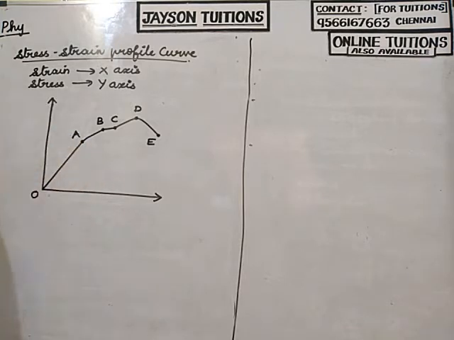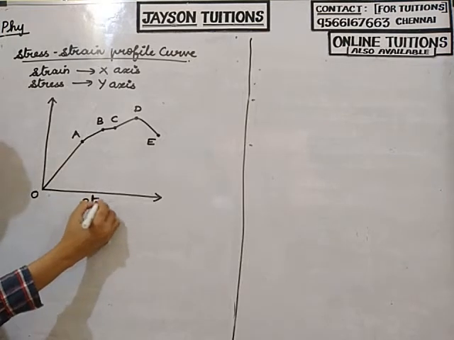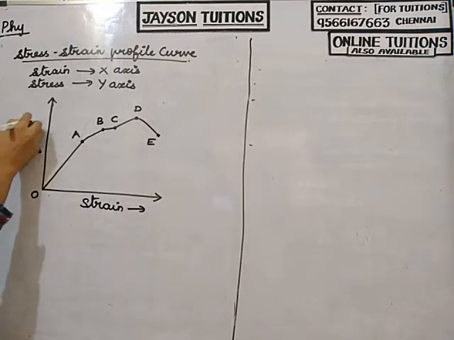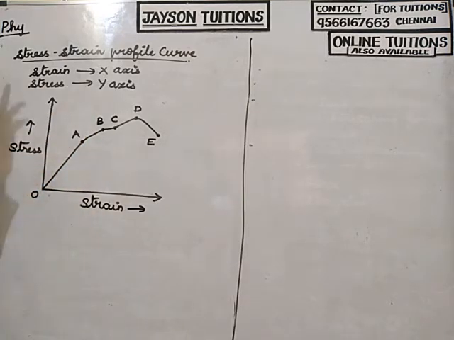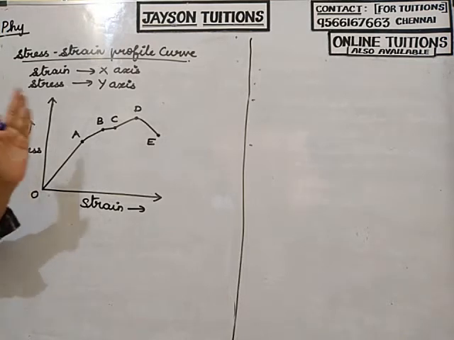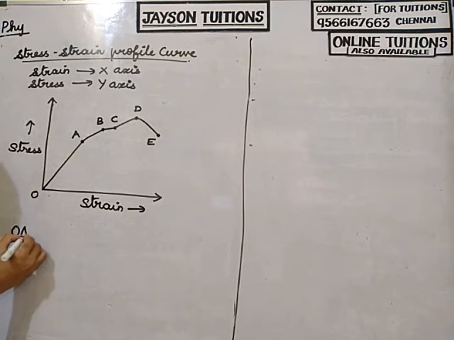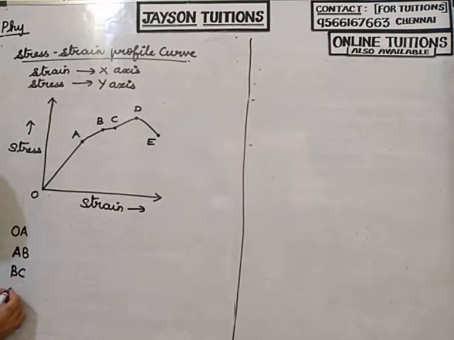So if I do the experiment and plot the graph between strain and stress, I will get a curve like this. What is the name of this curve? Stress strain profile curve. I am going to divide this into 5 parts. The first part is OA, the next part is AB, then BC, then CD, and the last part is DE. Each part has a name.